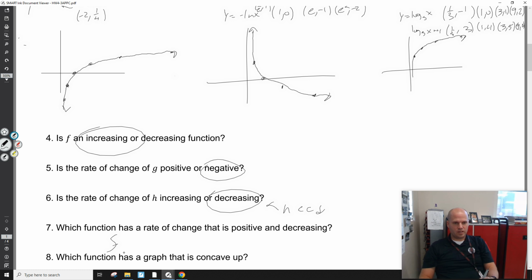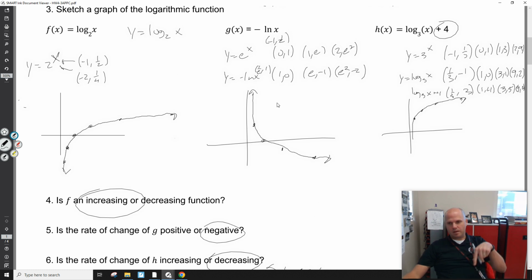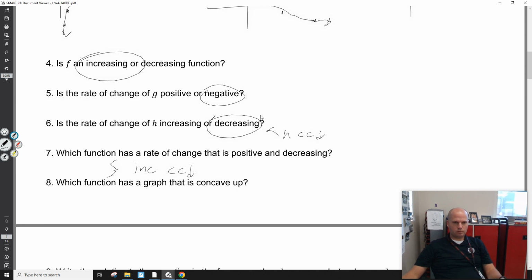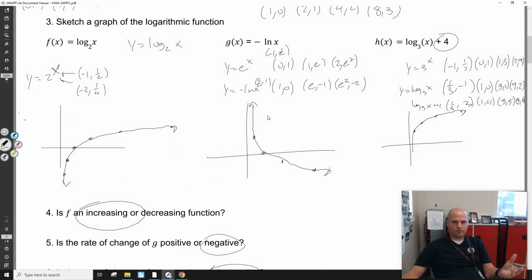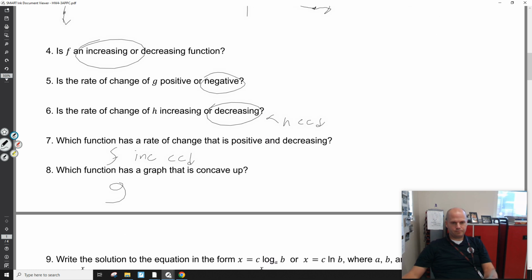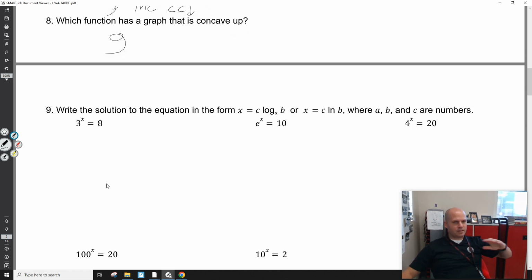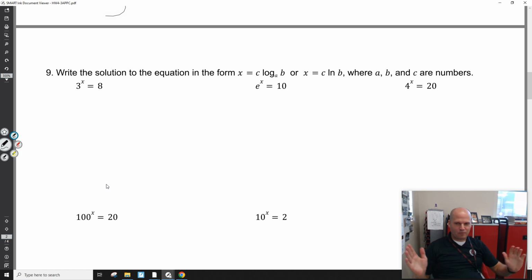Here, F is concave down, and it's increasing. We can see, though, that flipping it makes it concave up, but that's after a vertical reflection, so let's not worry about it. What graph is concave up? G is concave up. If you skim through that, it's probably fine. This is the heart of the matter: why were logs invented?